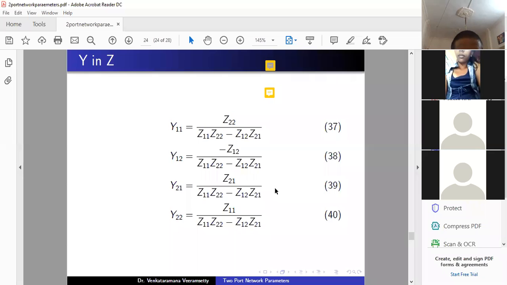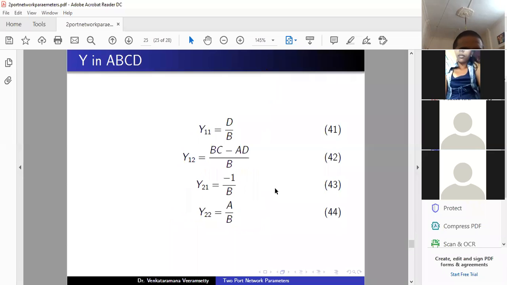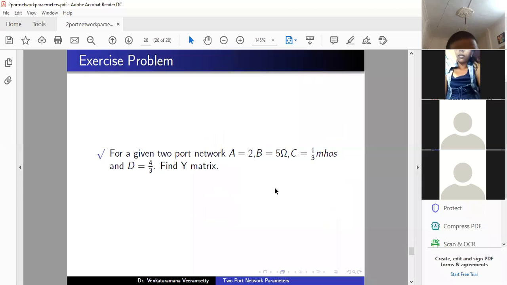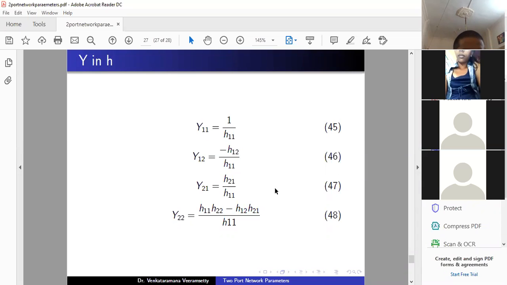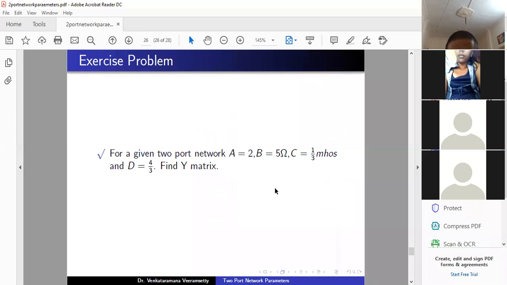Tomorrow we will go with Y parameters in terms of the ABCD parameters, and also Y parameters in terms of the H parameters. Once these two are done, I will complete tomorrow's session, and please let me know your decision tomorrow on whether I should do the ABCD parameters in terms of the remaining and the H parameters in terms of the remaining myself, or you will do it as homework by yourself. Okay. If you want me to do it, I will take that also.